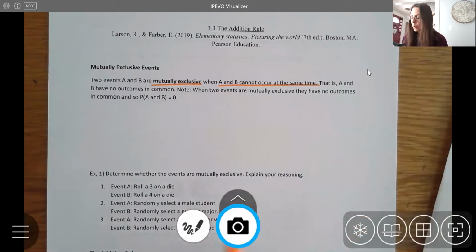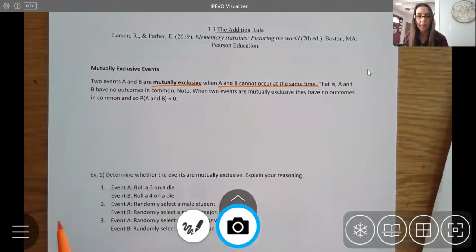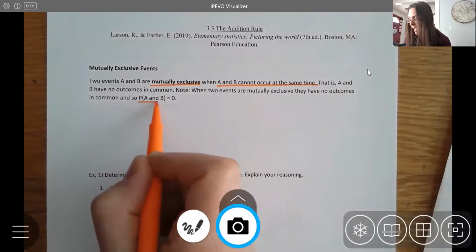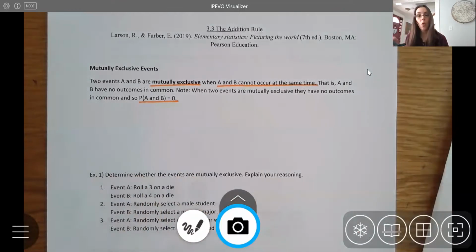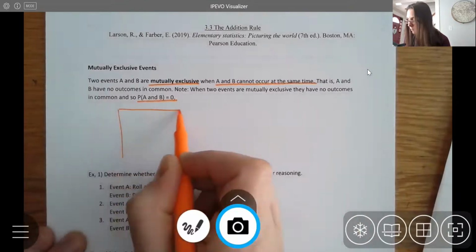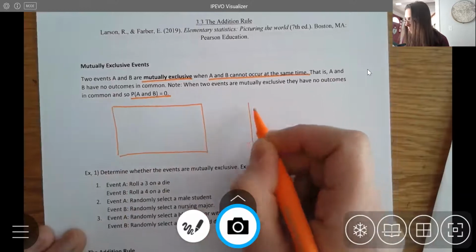For mutually exclusive, A and B have no outcomes in common. When two events are mutually exclusive, they have no outcomes in common. And so what happens is P of A and B is 0. So there's no overlap between those two events. If we're doing a Venn diagram, let's say this was our sample space.